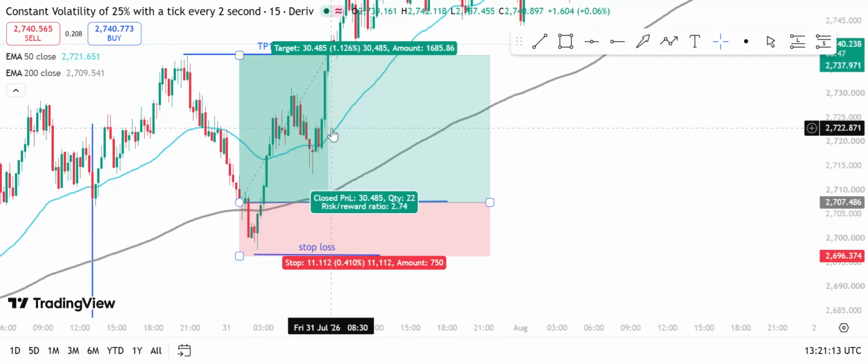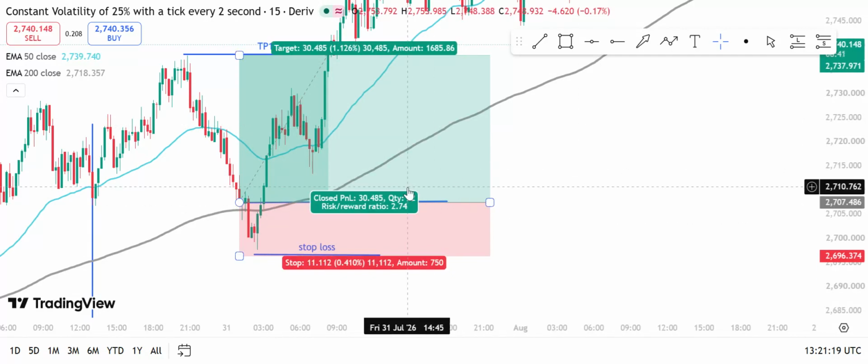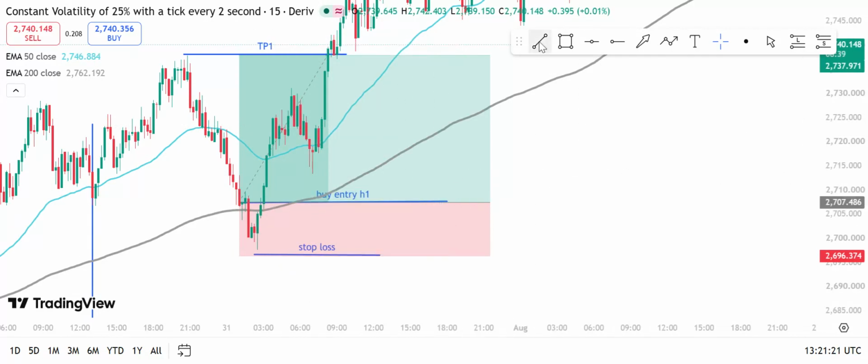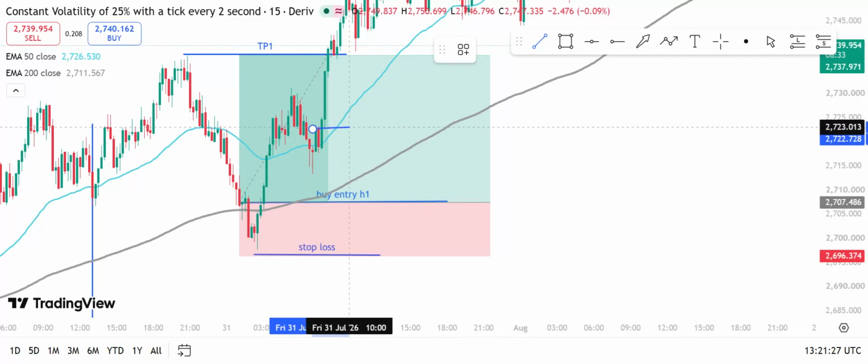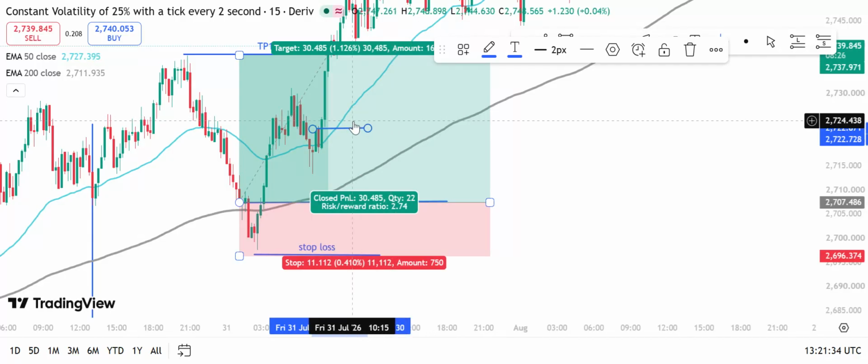Okay. Then our positions that we enter here, we place another buy here. So it means if you are going to be trading like me, you will enter a buy after this bullish candle here, okay, like that. This is on 15 minutes.